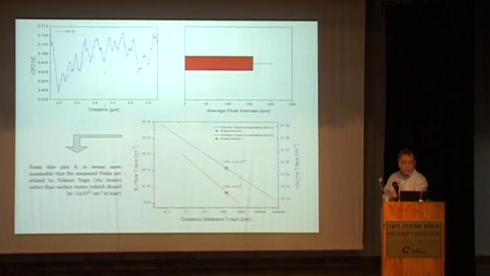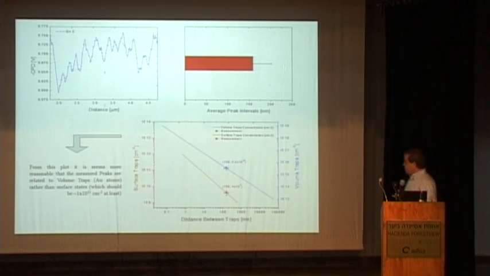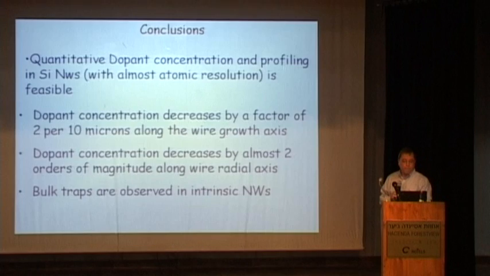By the way, we can get the concentration, just to give you an idea, since I have 1 more minute. We can get the concentration by the distance between the peaks, and we can estimate a concentration of about 10 to the 15 or 10 to the 16 traps per cubic centimeter.